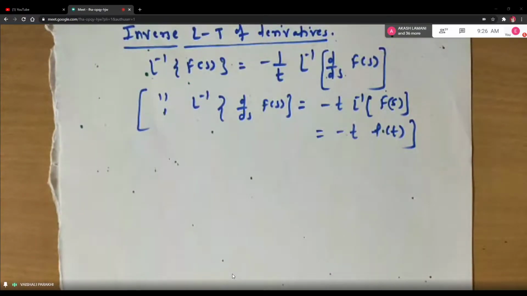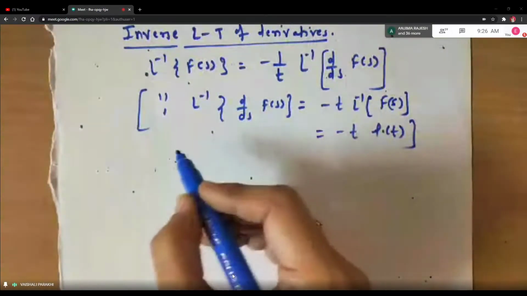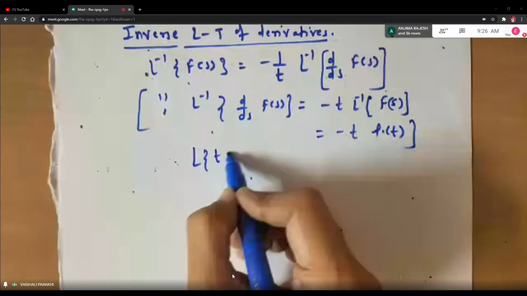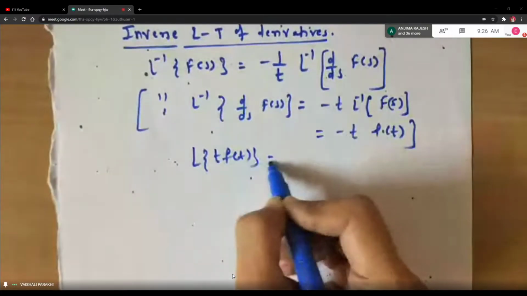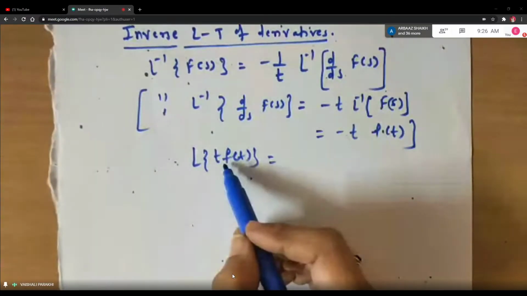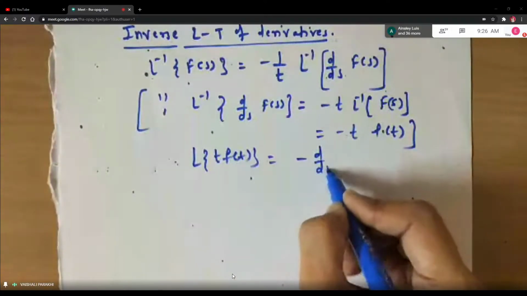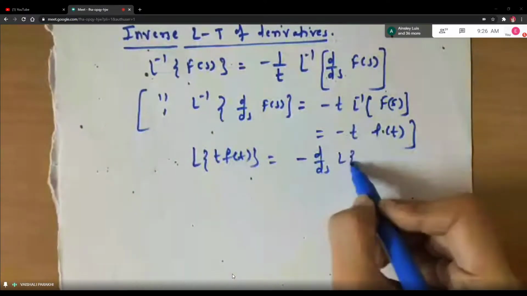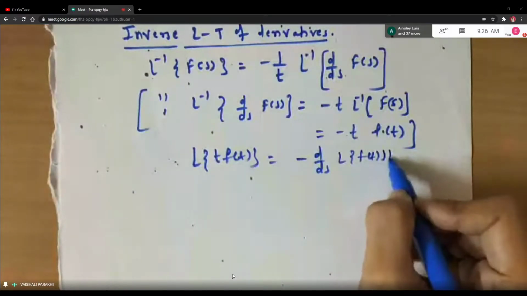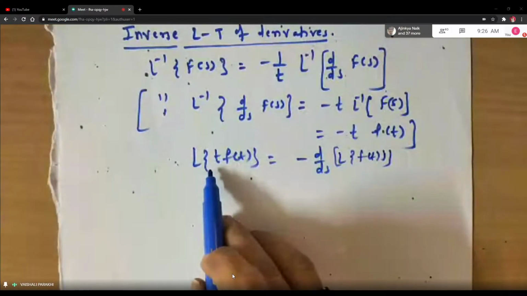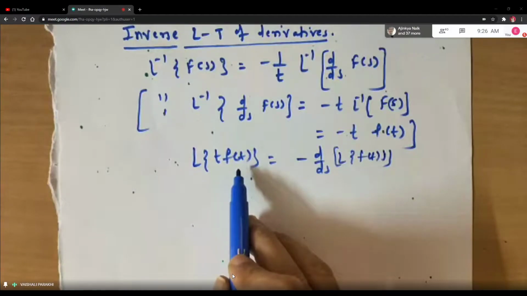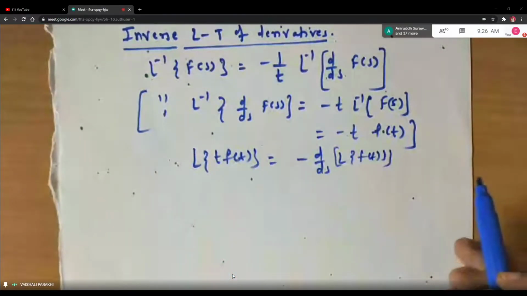Okay. So students, what I'm saying is, do you remember this formula? What is Laplace of t into f of t? When the function is multiplied by t, what is our formula? It is minus d by ds L of f of t, isn't it? I told you this formula: ignore t, get the derivative of the Laplace transform of the remaining function with minus sign.